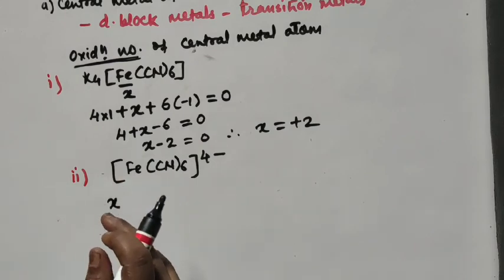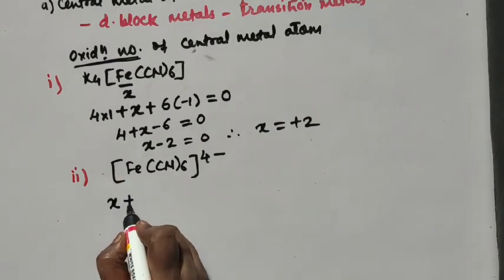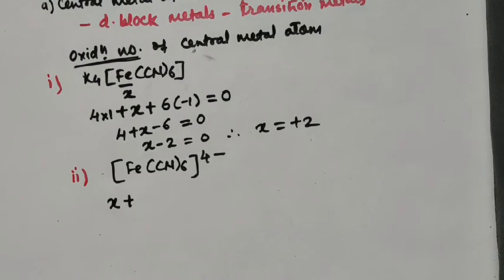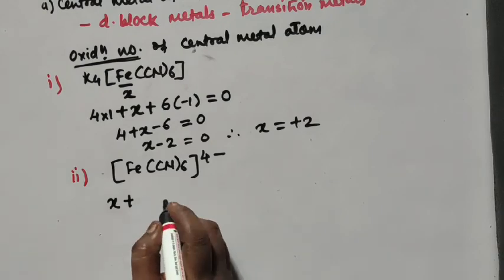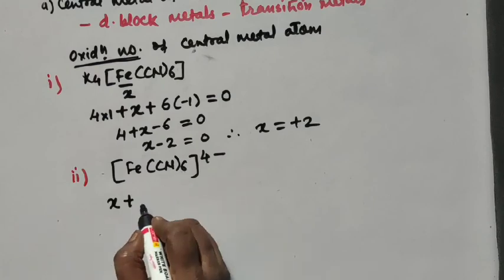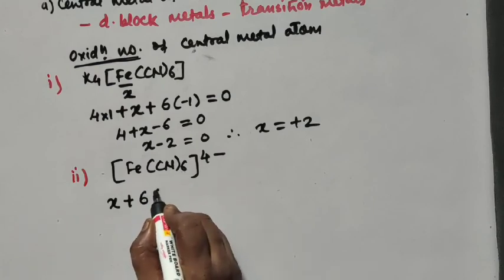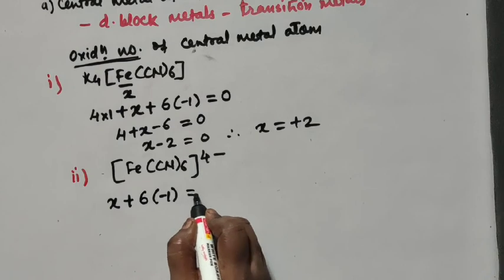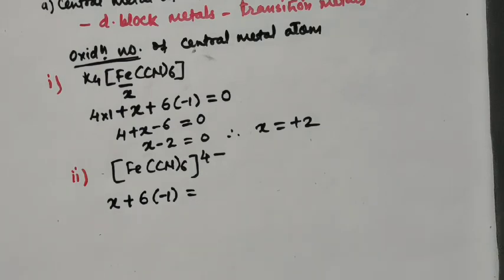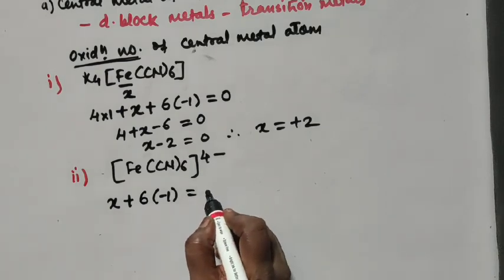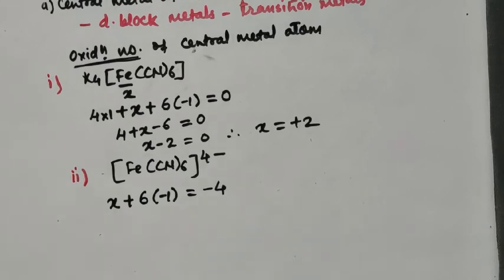So for Fe it is X plus cyanide, again a -1 charge is there on CN or cyanide ion. In that case 6 cyanide ions are there, so it is 6 into -1, that is equal to the net charge present on the ion. There is 4 minus, so it is -4.